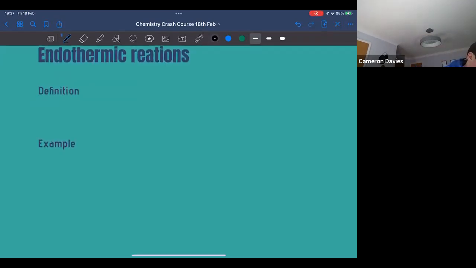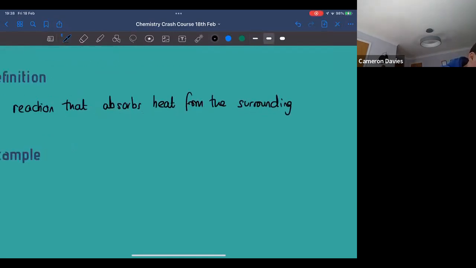So it's a reaction that absorbs heat from the surroundings. It's taking in heat energy from the surroundings, so we've got an energy change from heat energy to chemical energy.